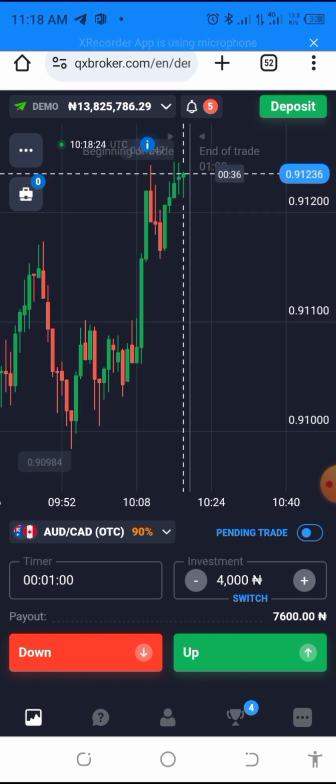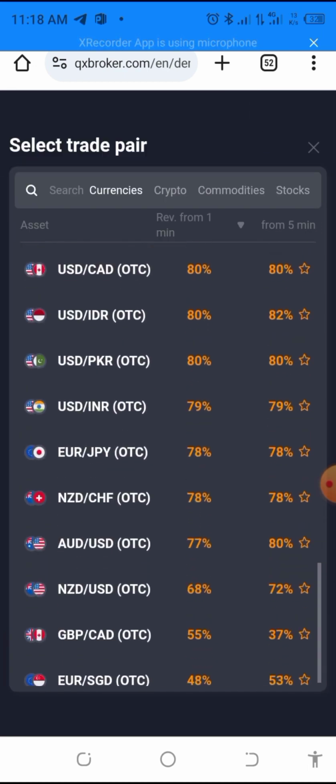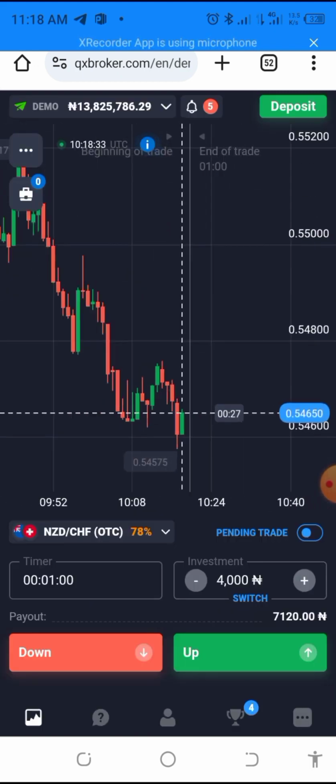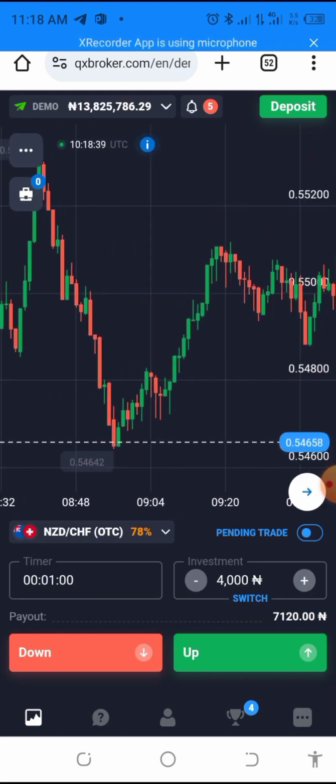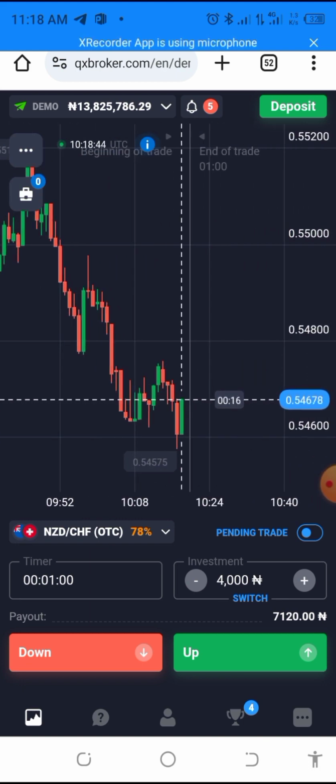The market is still green. Let's check for another pair. Okay, this thing has reached its support and is going to reverse. If you can, trade normal pairs, not OTC pairs.